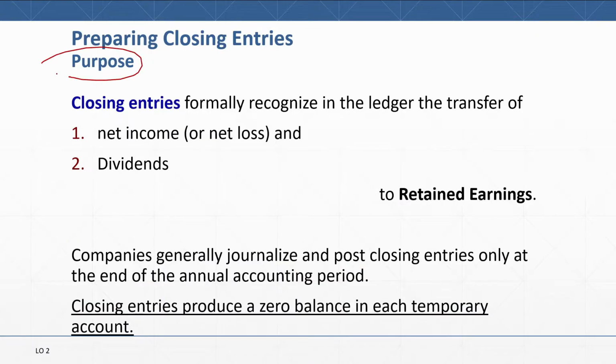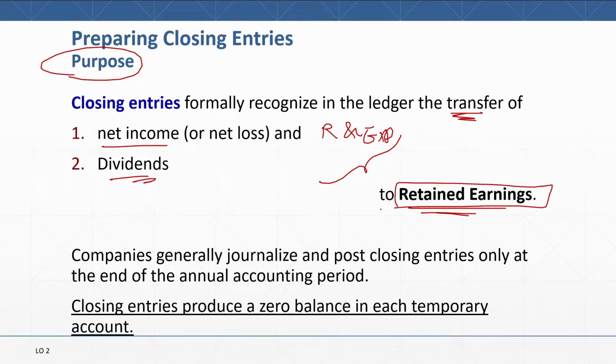So once again, the purpose of closing accounts is to transfer the balance of revenues and expenses as well as dividends into retained earnings account. Retained earnings is a permanent account. It keeps the net balance of all revenues, expenses, and dividends, and moves them to the next accounting period.